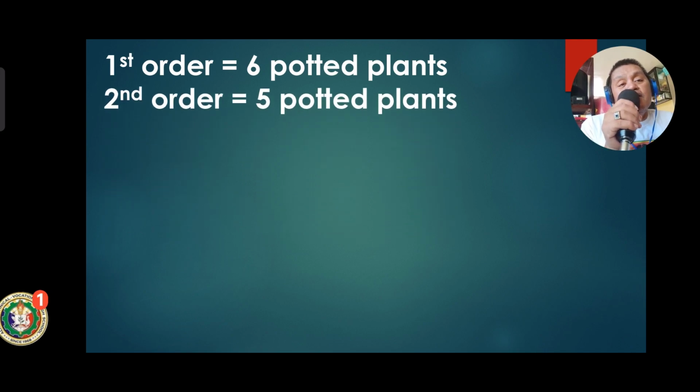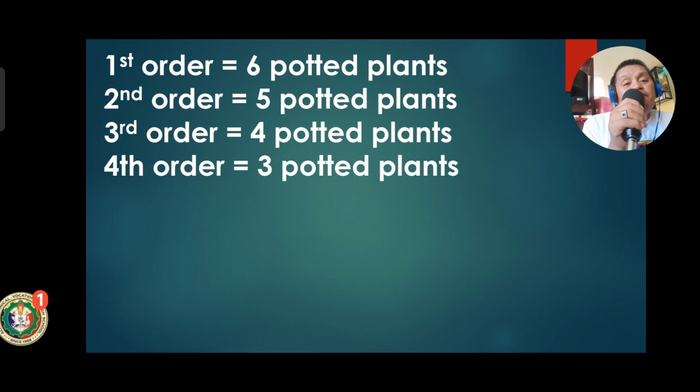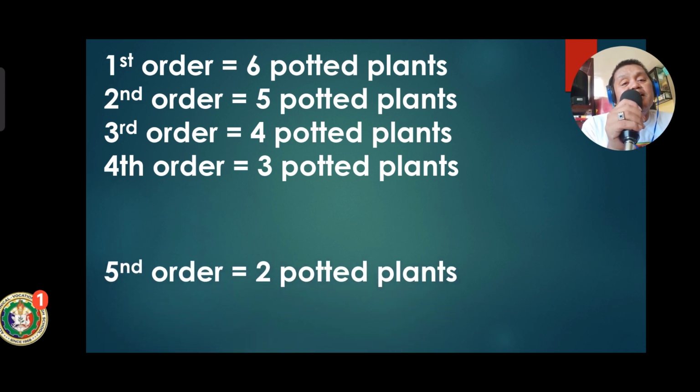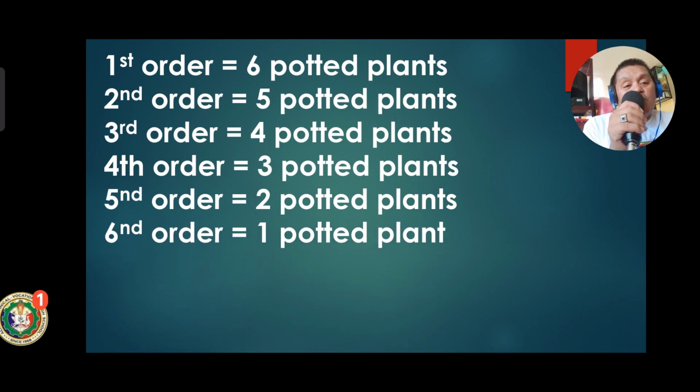In the second order, there are 5 ways that potted plants can be arranged. In the third order, there are 4 ways. In the fourth order, there are 3 ways. In the fifth order, there are 2 ways. And in the sixth order, there is only one potted plant left to be arranged.